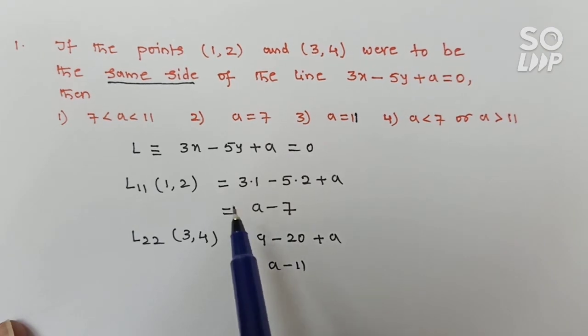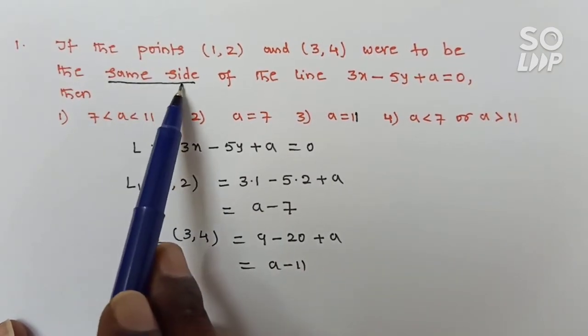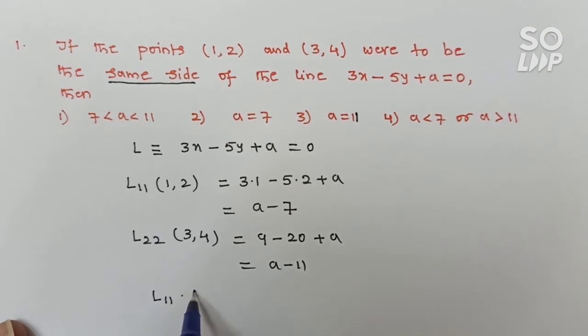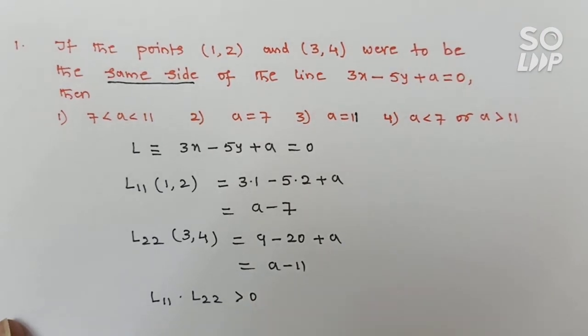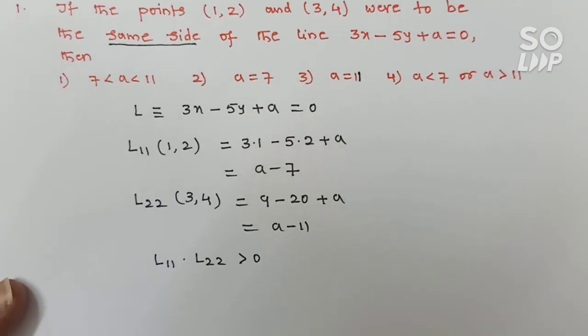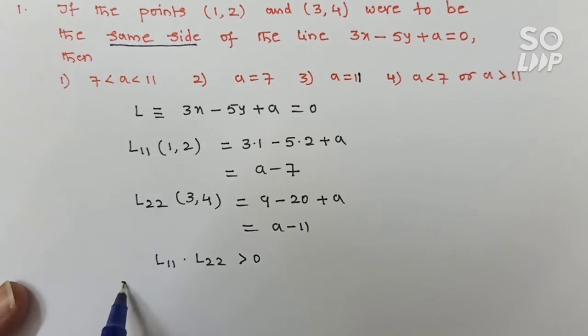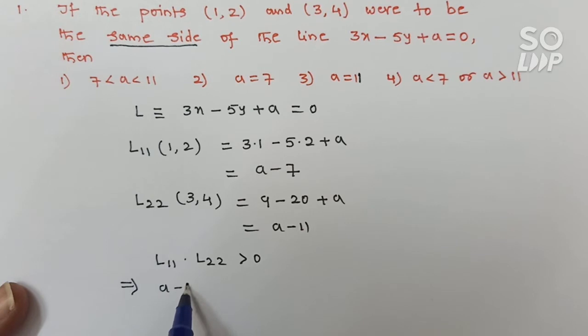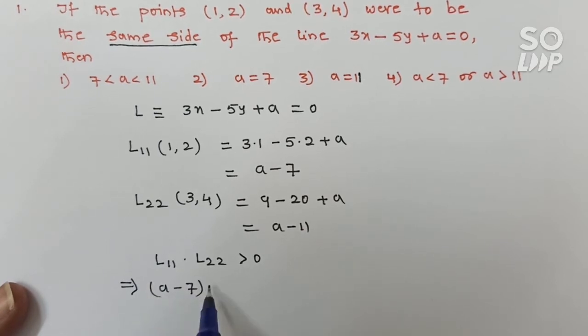So what is the condition when the given 2 points lie on the same side? That is L11 into L22 is greater than 0. That implies a minus 7 into a minus 11 is greater than 0.